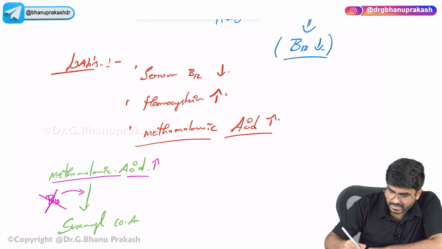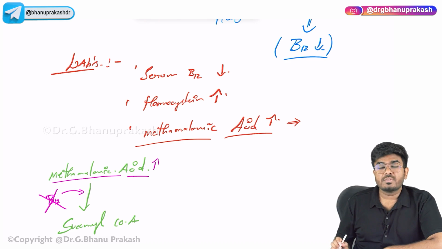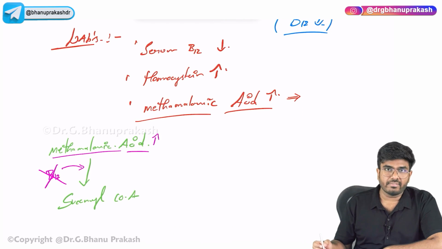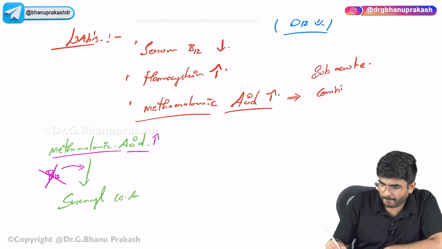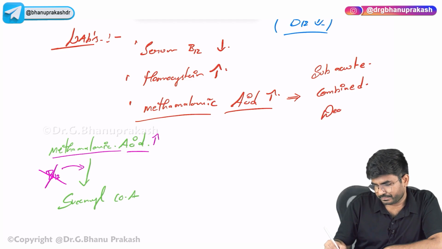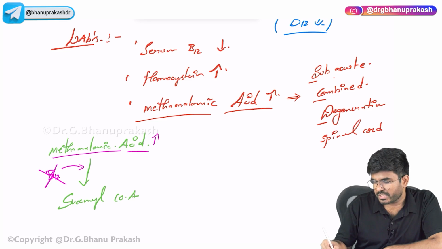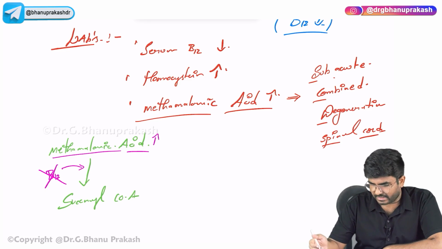This elevated methylmalonic acid is going to cause damage to the spinal cord, or the myelination of the spinal cord. It is going to cause a condition called subacute combined degeneration of the spinal cord, where mainly the myelination is getting damaged because of the accumulation of methylmalonic acid.